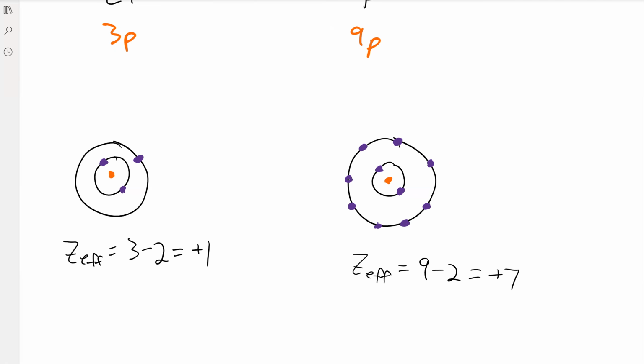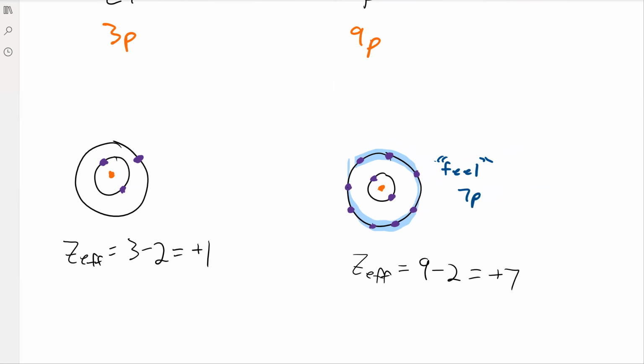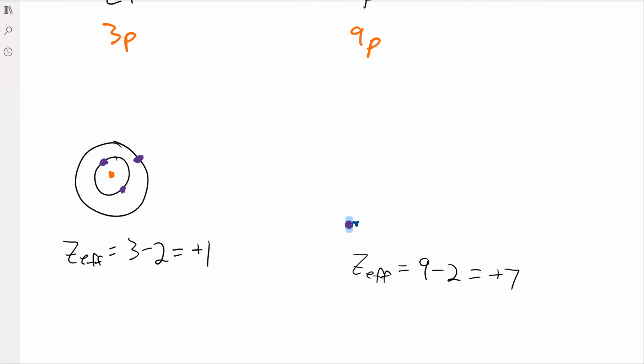And so that leaves a Z effective of +7. So what that means is that all 7 of these outer electrons feel the pull of 7 protons. And since opposite charges attract, that nucleus is going to pull those electrons closer and closer, and so our atom gets smaller and smaller and smaller, right?